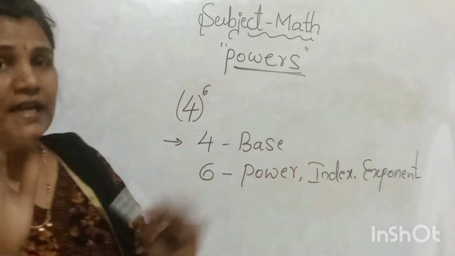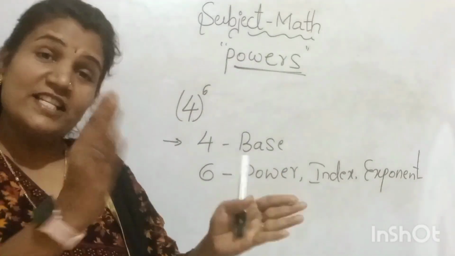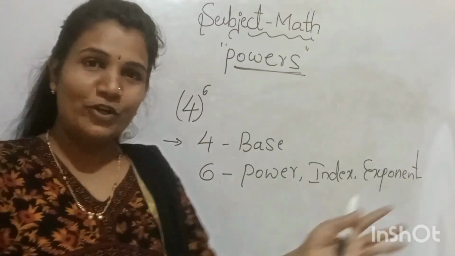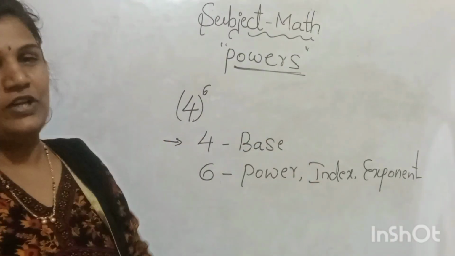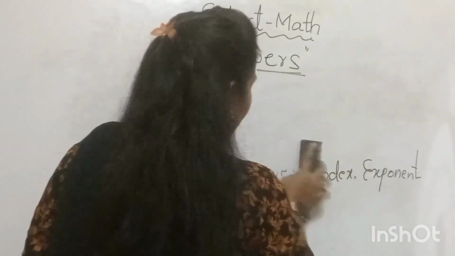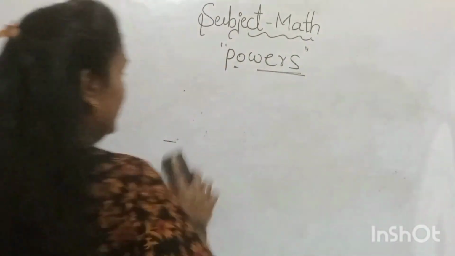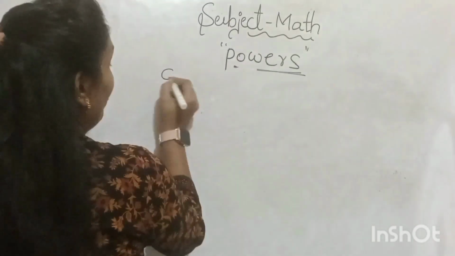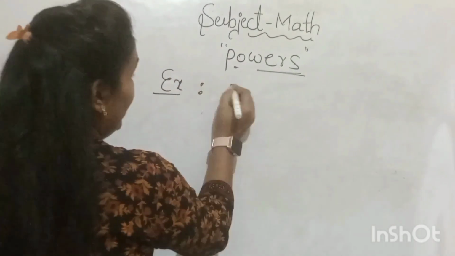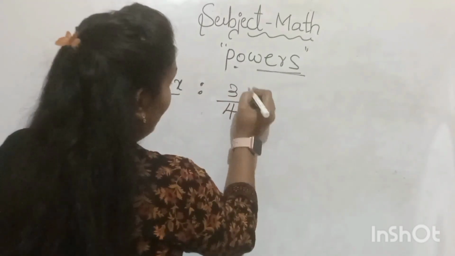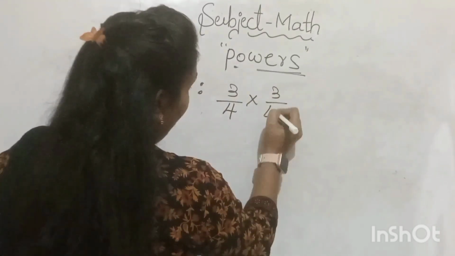Now if you go to rational numbers also, rational numbers can be represented in the form of exponential notation or power notation. How is it? I am taking an example of a rational number: 3 by 4 into 3 by 4.